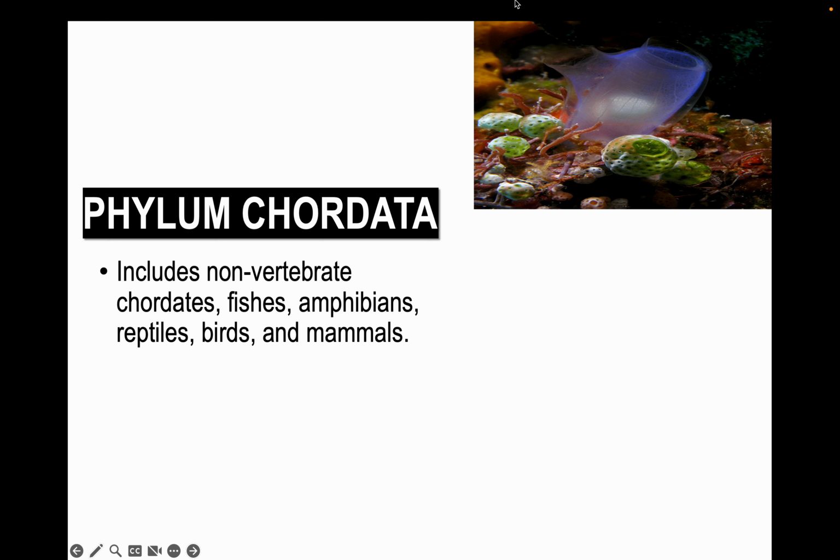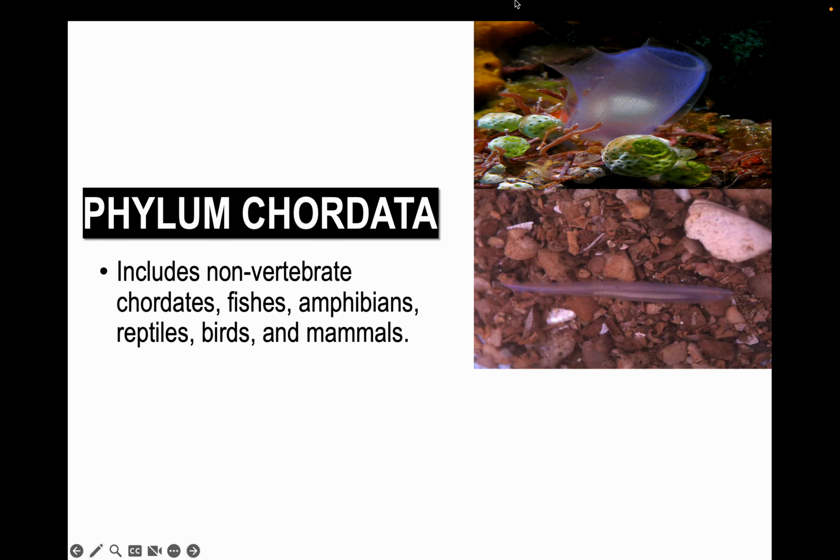And we have the aquatic vertebrates, fishes, the aquatic-terrestrial group, the amphibians, and we have the reptiles, birds, and mammals, which are all terrestrial animals. Amphibians, reptiles, birds, and mammals are under Tetrapoda.